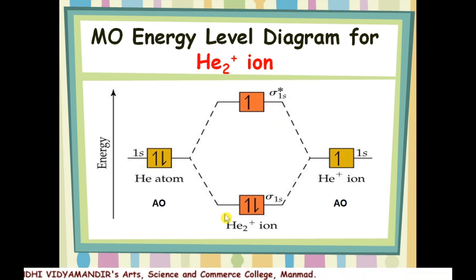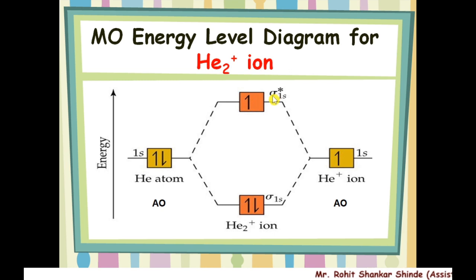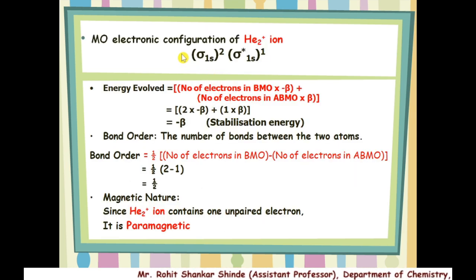We can easily predict the molecular orbital electronic configuration for this molecule. Since sigma 1s consists of 2 electrons and sigma star 1s possesses 1 electron, we can write its molecular orbital electronic configuration as sigma 1s 2 and sigma star 1s 1. So this is the molecular orbital electronic configuration of He2 plus ion.